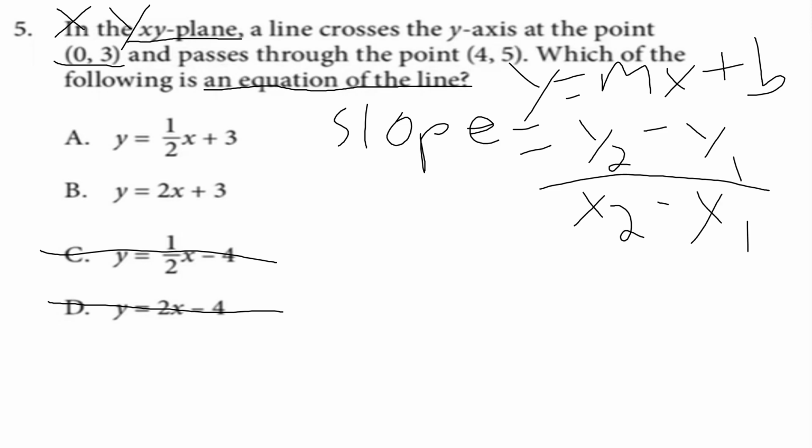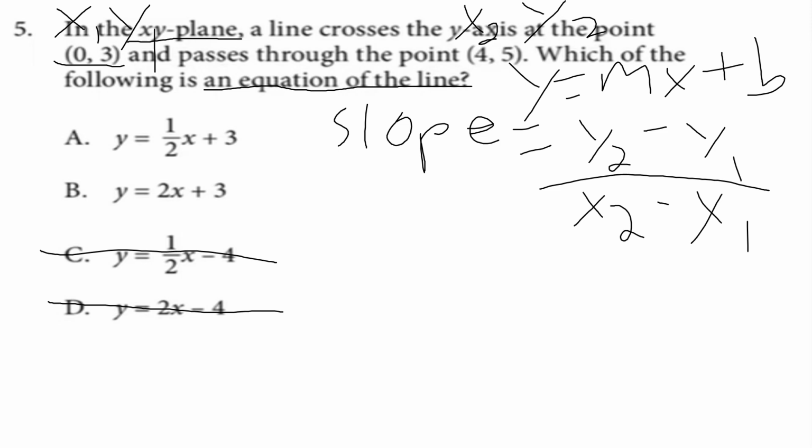What that means is the problem already gave us 2 coordinates: (0, 3) and (4, 5). The first coordinate it gave us is going to be x1 and y1. So I'm going to put a 1 right there. And then the second coordinate, (4, 5), is going to be x2 and y2.